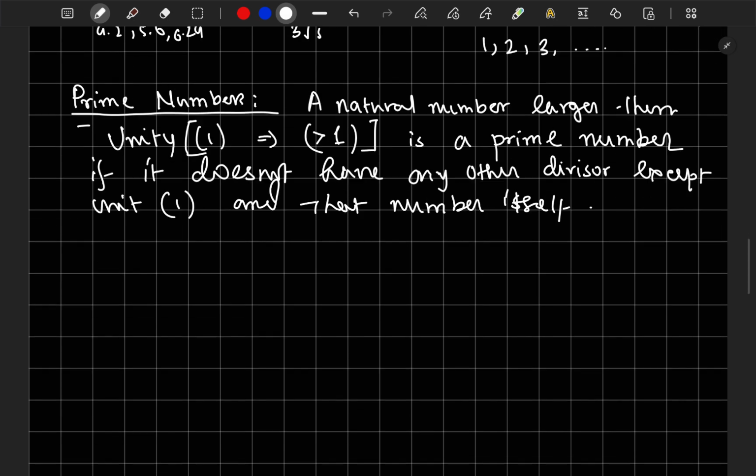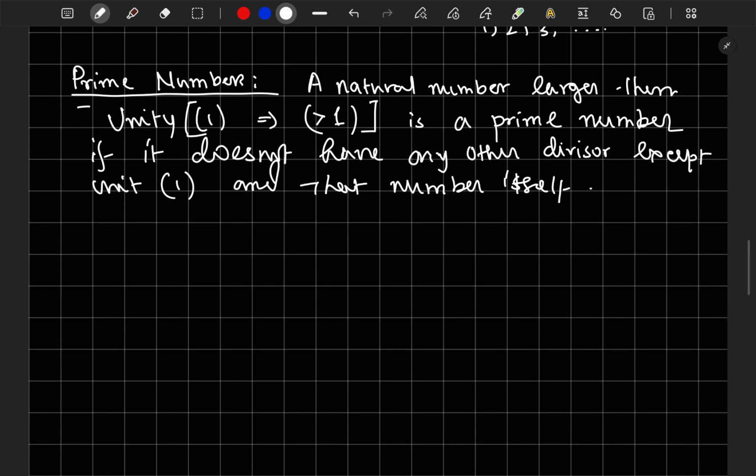So let's take a number like 7. Whether we will call it prime or not: one property is that it must be greater than unity. So 7 is obviously greater than 1.